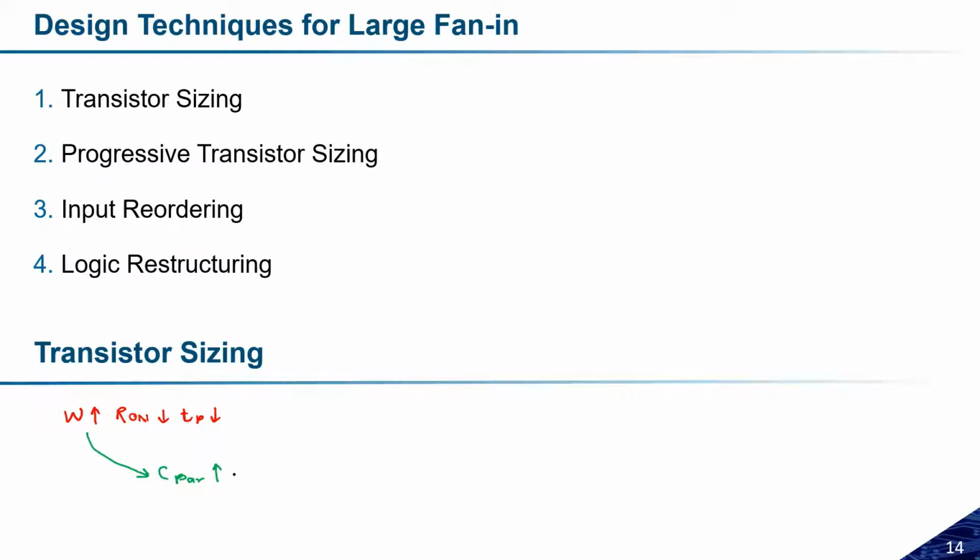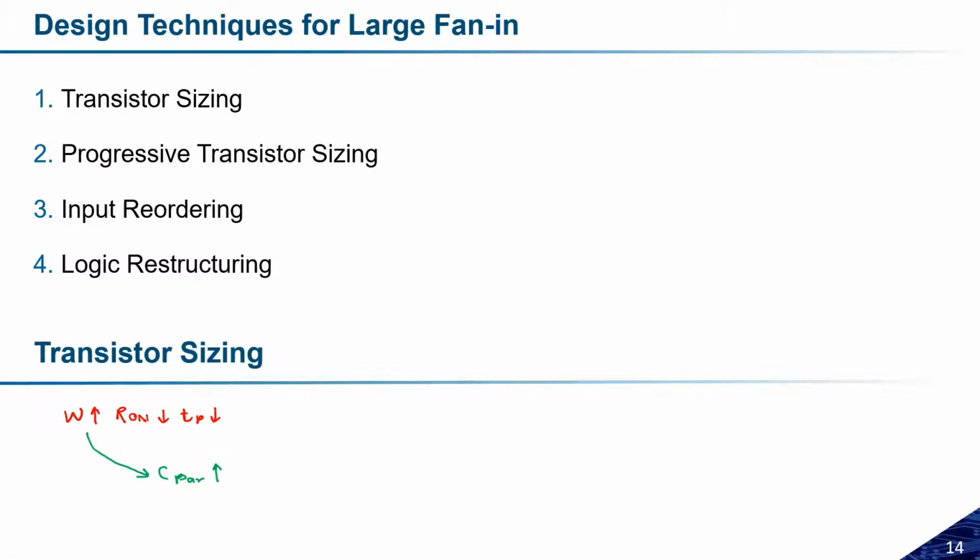So these kinds of effects will leave the propagation delay unaffected. And if it is unaffected, unnecessarily we have increased the area by increasing the W, but we are not getting any benefit in terms of the delay. Okay, so this is really one of the challenges, especially if I'm trying to reduce the propagation delay by simply increasing the size. Okay, so to overcome this problem, let us try to see what we can do.